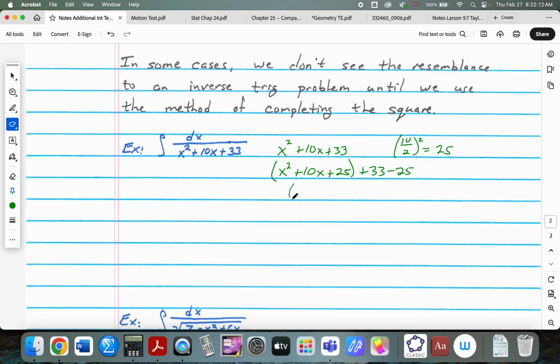This I can rewrite as x plus 5 quantities squared. What we've actually done here is we've rewritten this so that it is a perfect square. That always happens. That's the whole point of completing the square, is rewriting this so that you get a perfect square. And this is going to be plus what, 8?